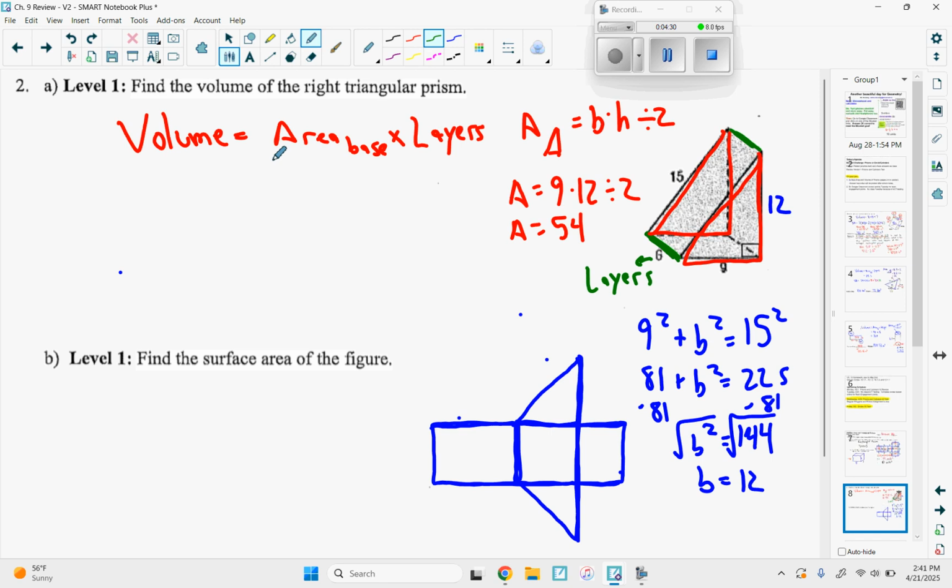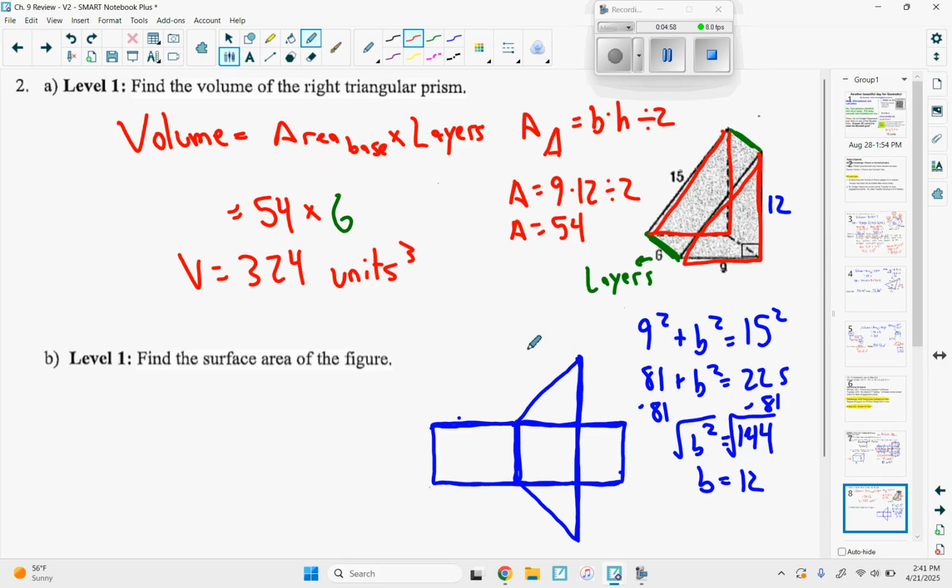So we have our area of our base, that was 54, times the amount of layers, 6. And so our volume is going to be 324 units cubed.